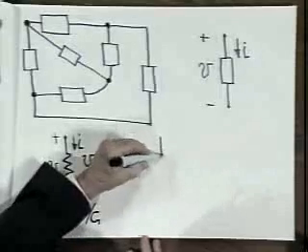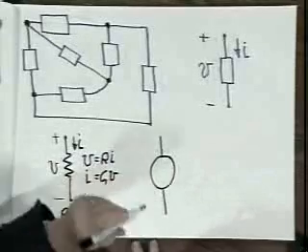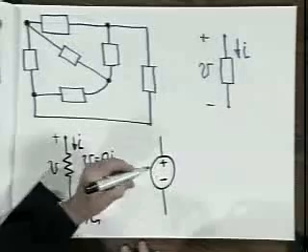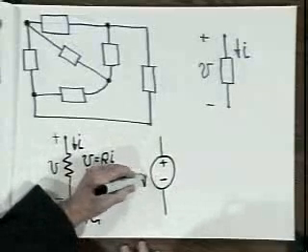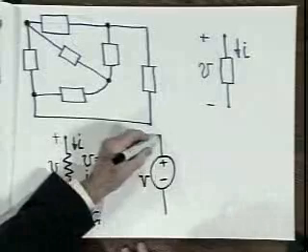We've introduced 2 other kinds of elements, both sources, represented by circles. One is a voltage source with the value of that source represented in association with the symbol.